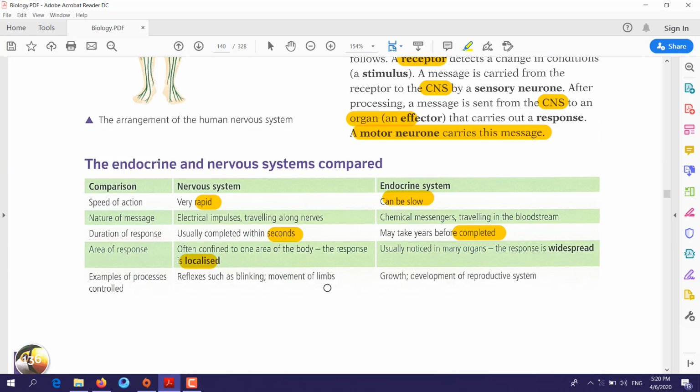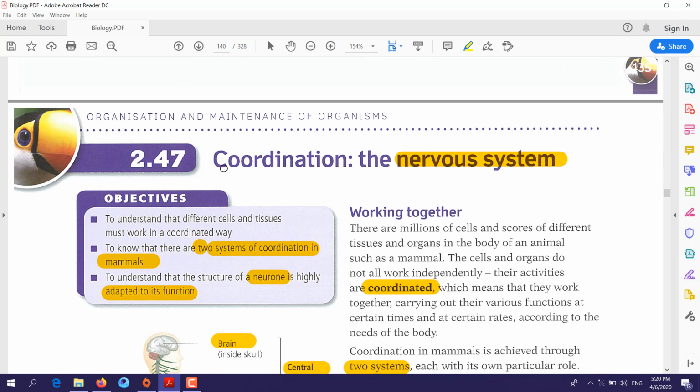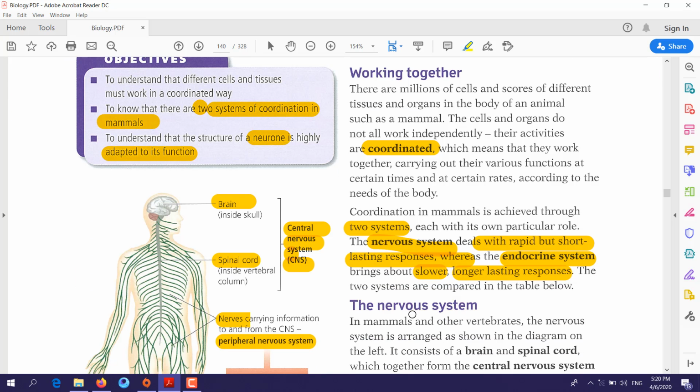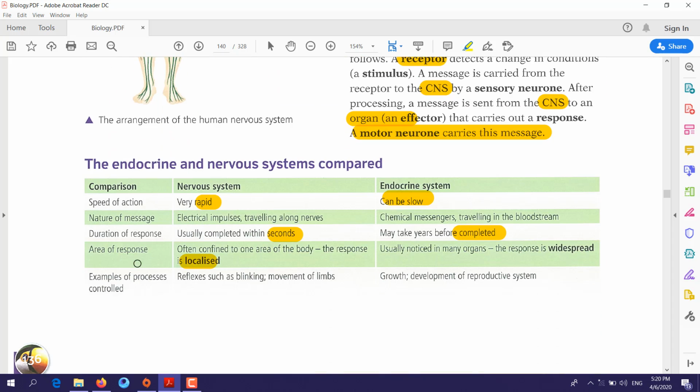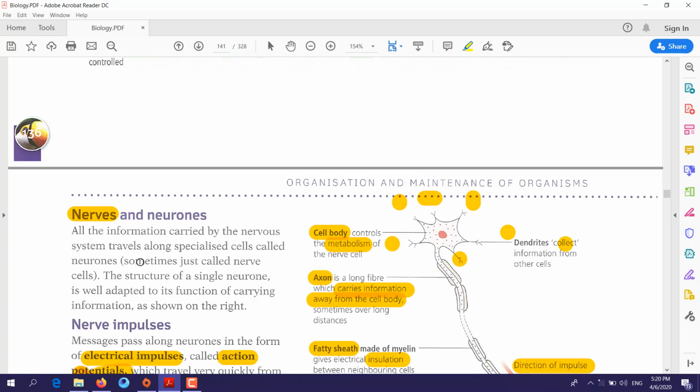Then the two systems that work together and coordinate with each other are the nervous system and endocrine system. This table shows some differences or comparison between the nervous system and endocrine system.